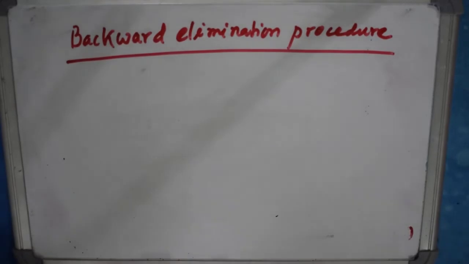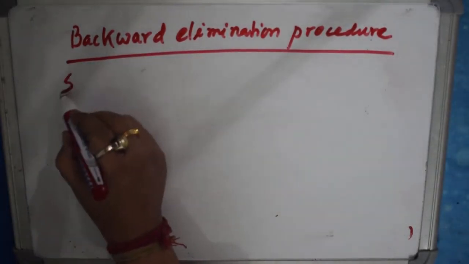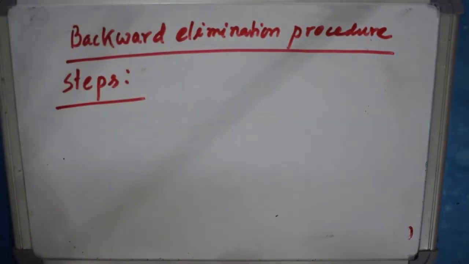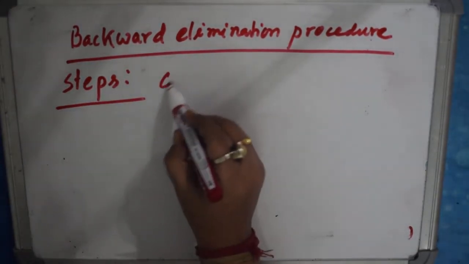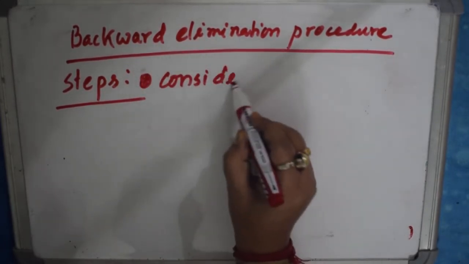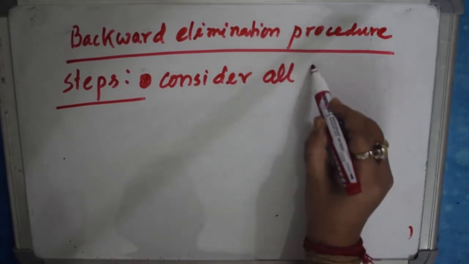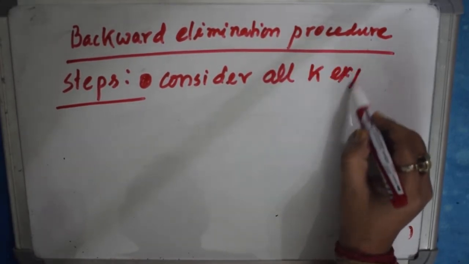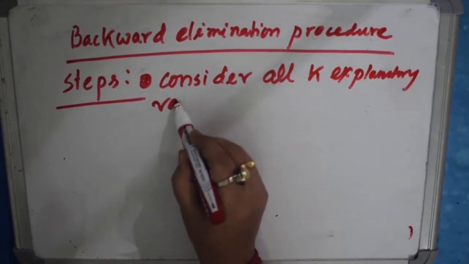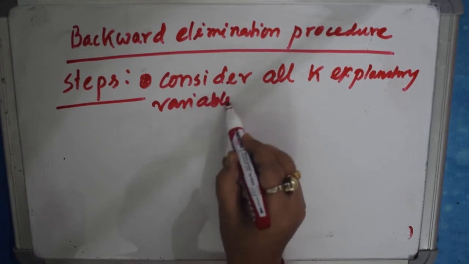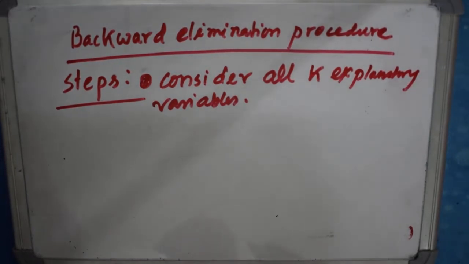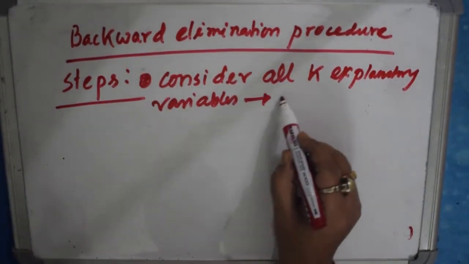The steps are: first we consider all k explanatory variables. Then fit the model.